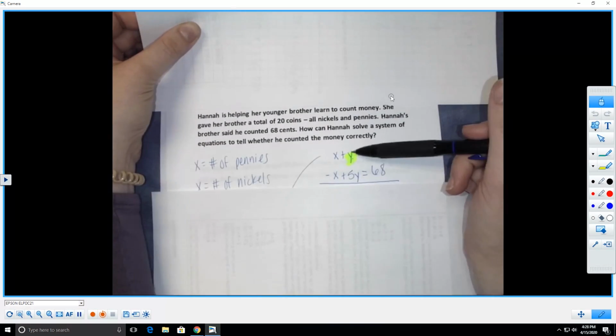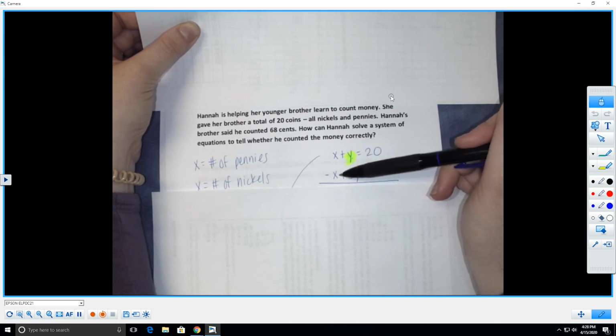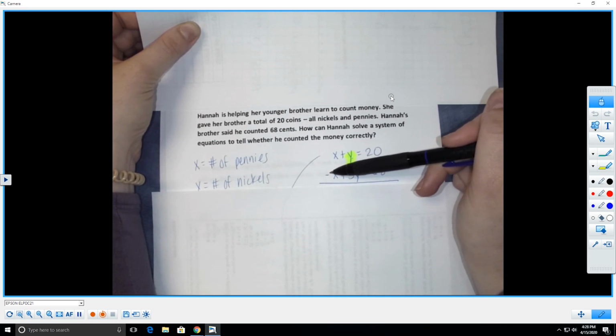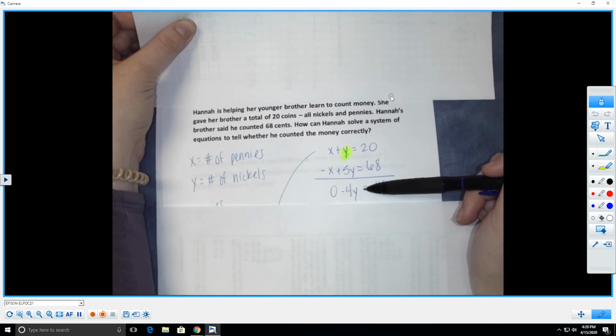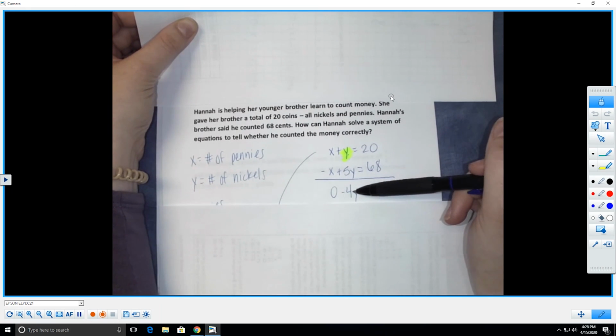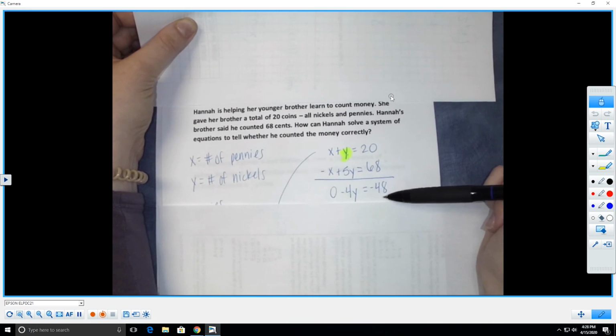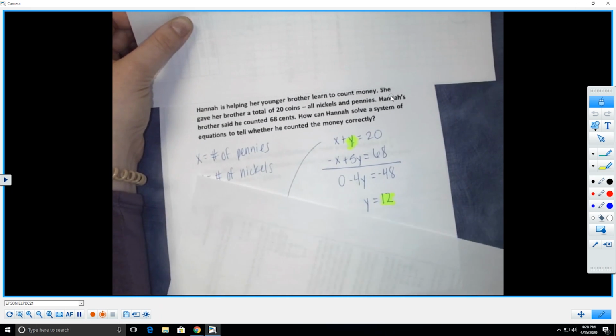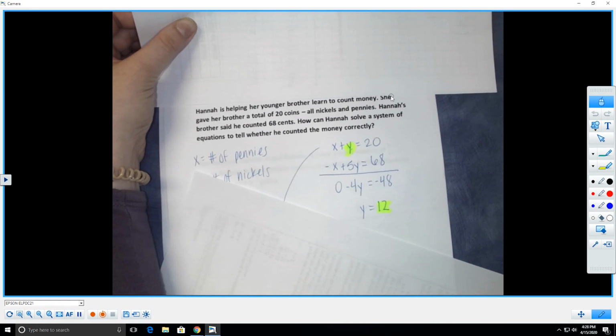So now that I see I have the same coefficient here, I can use the subtraction property. So when I subtract that, I have 0 minus 4y equals negative 48. And then I have y equals 12.